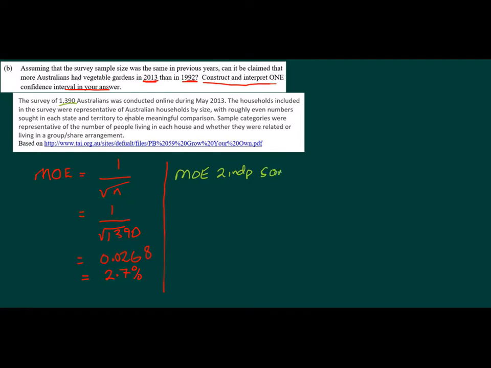And there's a simple rule for that, that is 1.5 times the MOE, which in this case here would be 1.5 times 2.7, which we got from here, and that equals 4.1%.